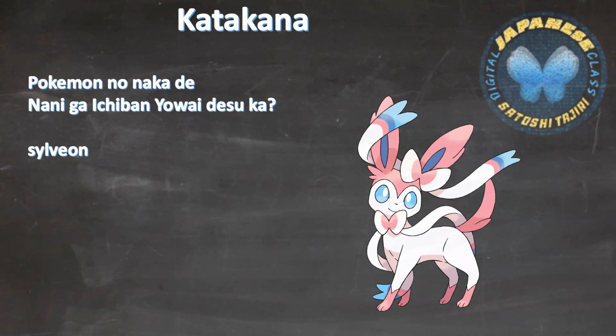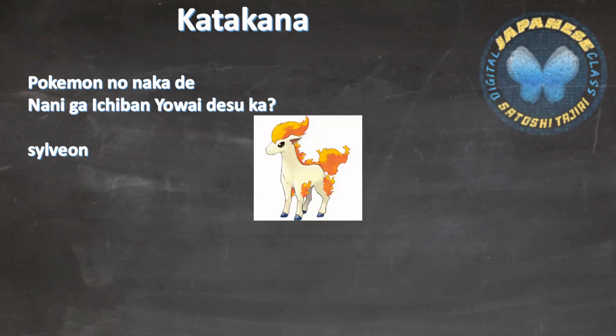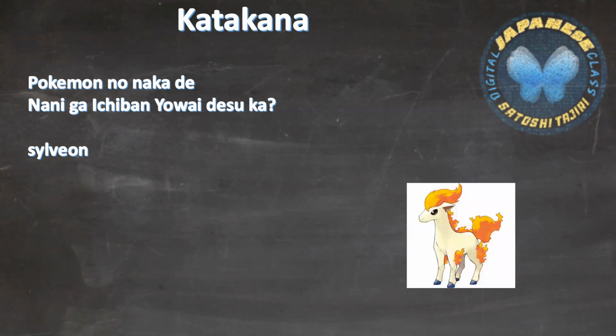Sinong Pokemon ang mahilig magmura? Anyone? Una ay si Ponyta. His name is Ponyta. Okay. And there's also another one.